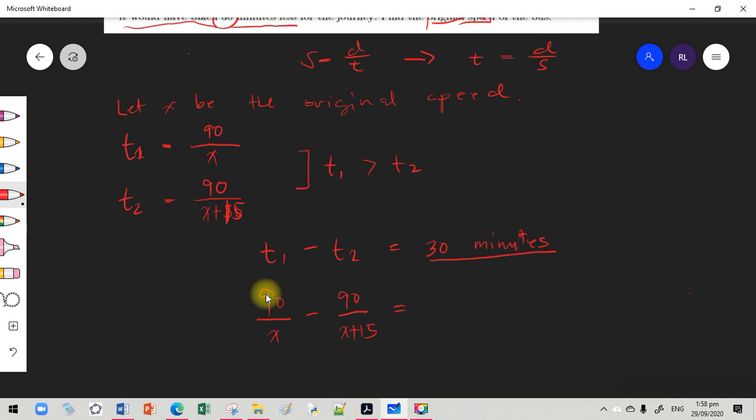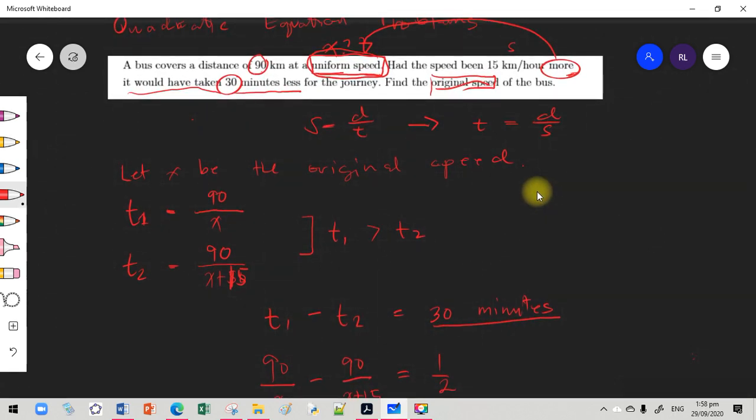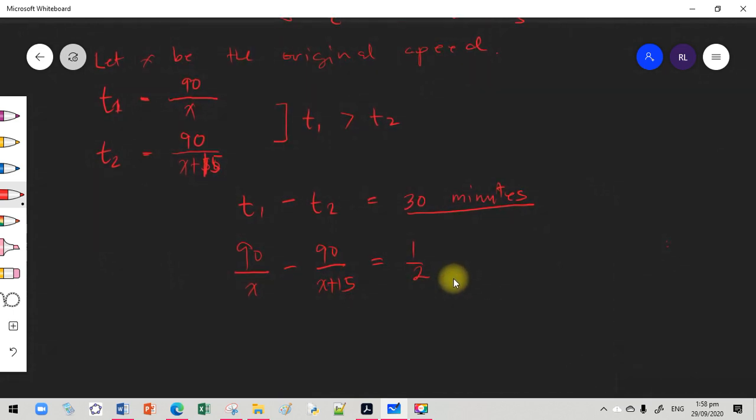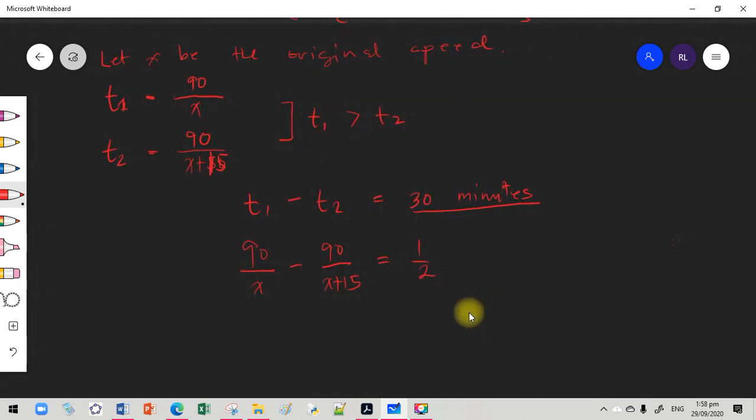You know that 30 minutes is 1/2 hour, so we can say this is just 1/2. Because our speed is expressed in kilometers per hour, we should convert these minutes into hours. From here we'll use our previous knowledge about fractional equations. So basically the LCD here, I'll just get it like that.